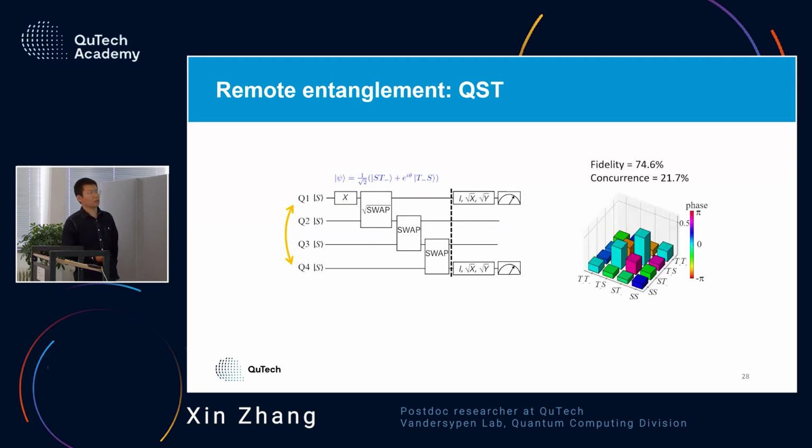This gives us a Bell state fidelity of 75% and a concurrence of about 22%. This fidelity is lower than the result of the Bell state between Q1 and Q2, and we can understand it because we can have errors in the swap gates, so the fidelity is lower.